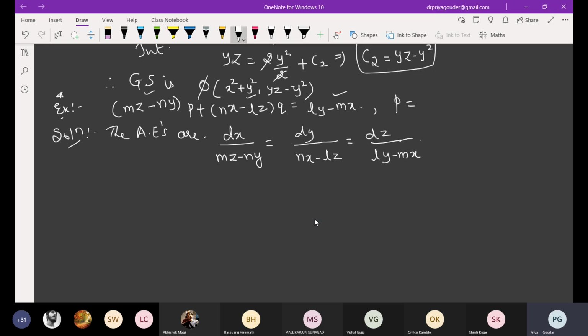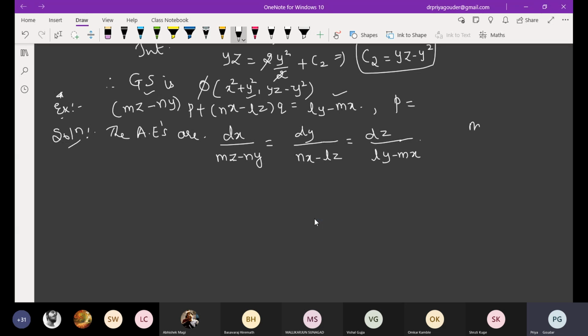So this is not like a regular one. We have to use multipliers. I'll tell you one easy way to choose a multiplier, because multipliers for this example may be l, m, n, but not for every example. You should multiply by some quantity to the denominators and add up such that their sum is 0.